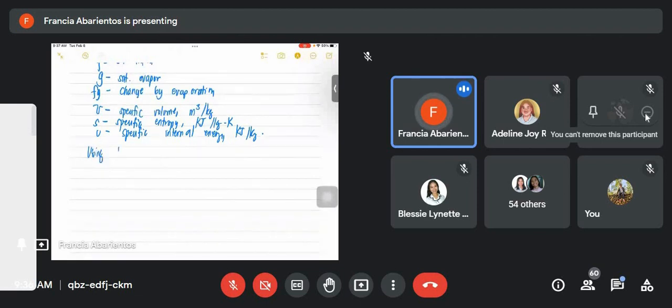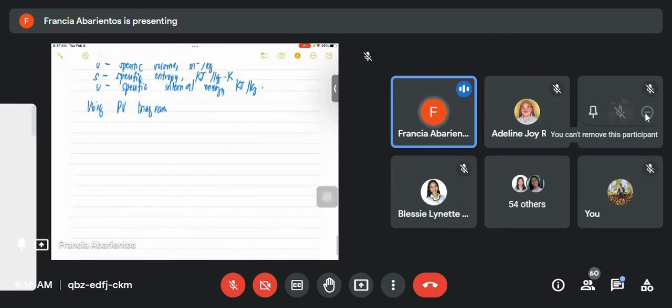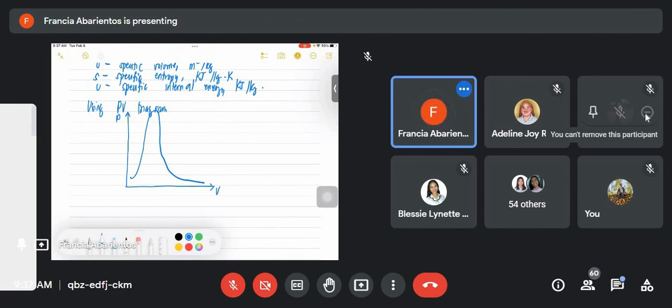So, using the PV diagram natin. Ayan. So, dalian lang. Maliit lang. Okay. Ayan. So, this is the PV diagram.